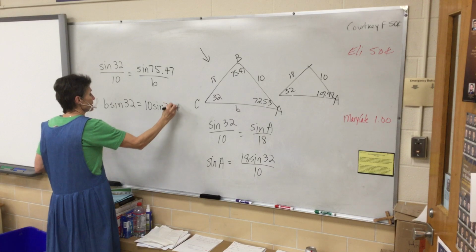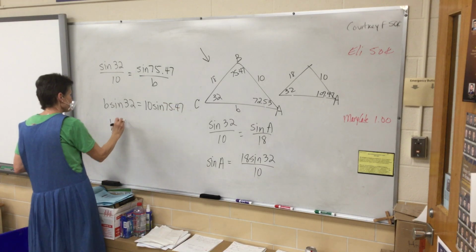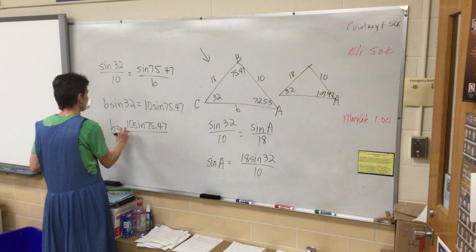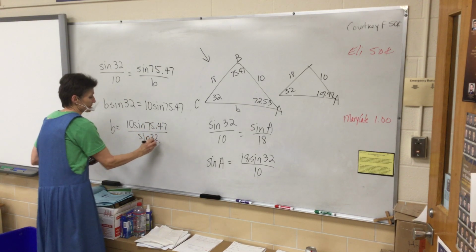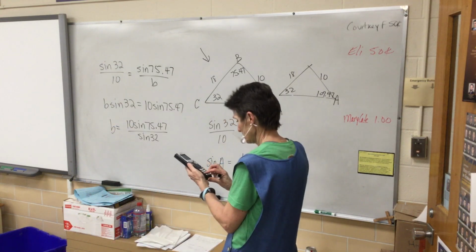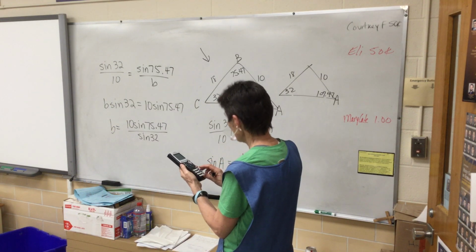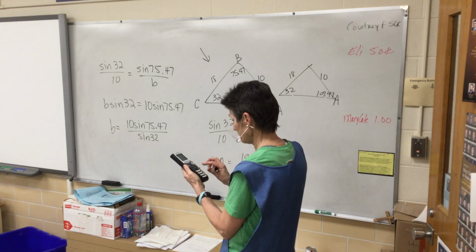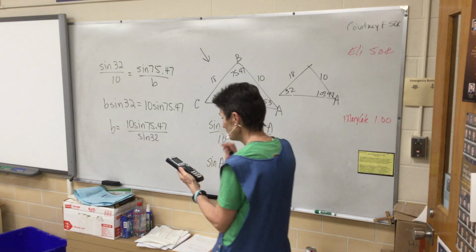No, because my variable is B. I only second or inverse when it's sine B or something like that. So here we go. 10 sine 75.47, close parentheses, divided by sine 32.